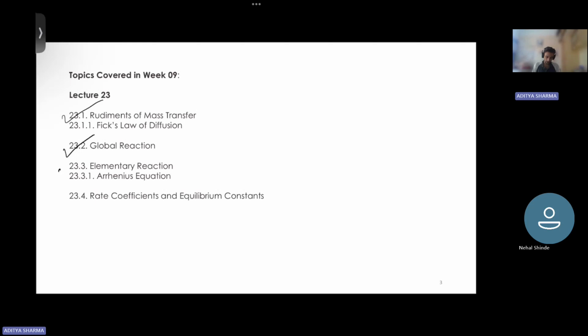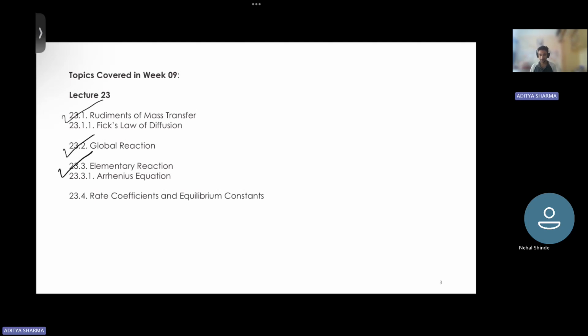Then the most important topic in this week's content is the discussion on elementary reactions. So, what are elementary reactions? Whenever a reaction takes place, it is not the case that your reactants directly jump onto the products that you see on the right hand side of the global reaction.